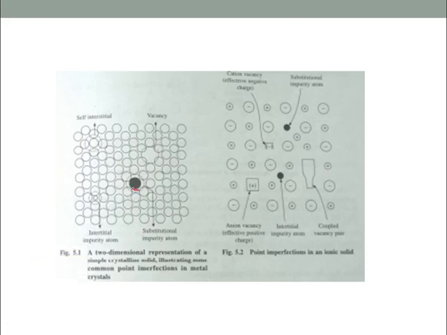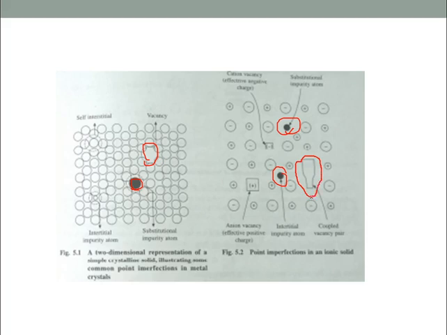Here there is a missing atom, and here the atom is in the interstitial position. In the case of ionic crystals, this is the impurity atom, and the atom placed in the interstitial position. Here is the vacancy pair.